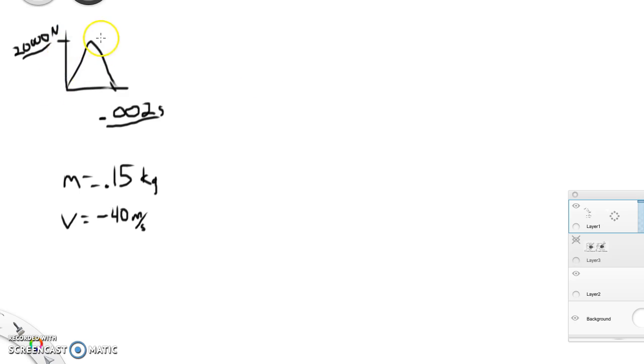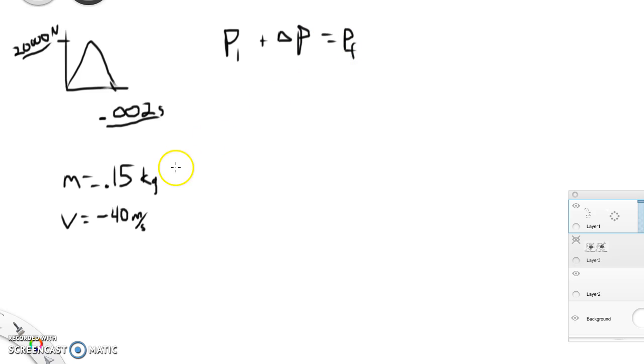But to make things simpler, we'll make it like a triangle. Using all this information, we can figure out how fast the baseball is traveling after the collision, by saying the initial momentum plus the change in momentum, in this case our impulse, will give us our final momentum.